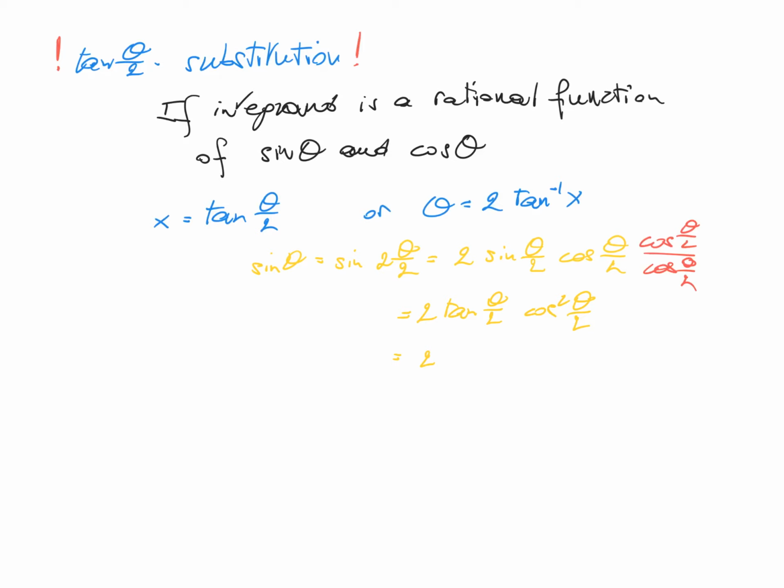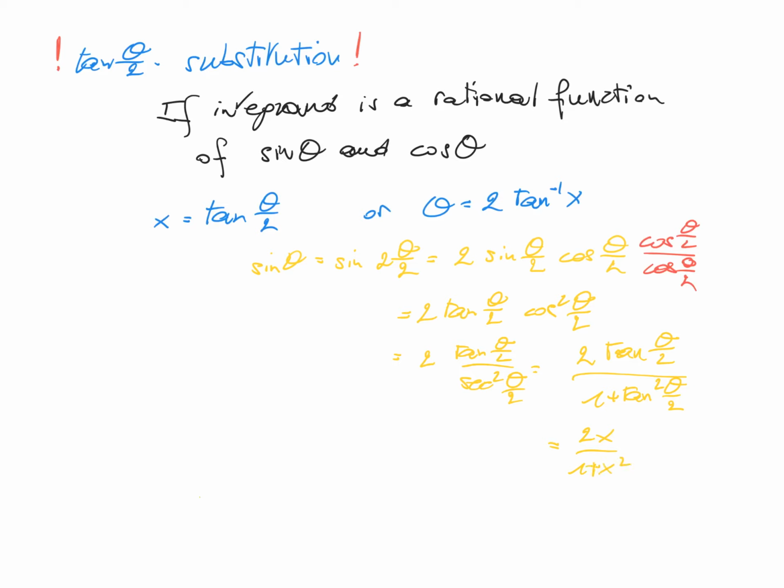This is 2 times tangent over 2 divided by secant squared of theta over 2. And then you also know that the secant squared is 1 plus tangent squared. So this is 2 tangent theta over 2 over 1 plus tangent squared theta over 2. Or it is 2x divided by 1 plus x squared.